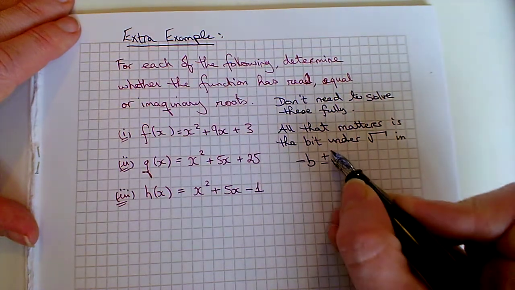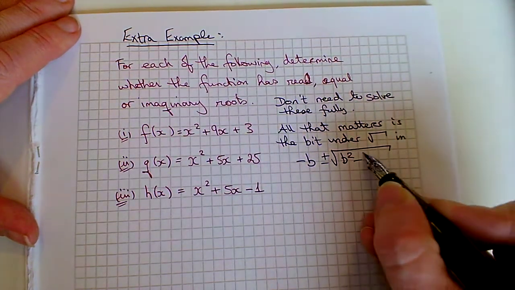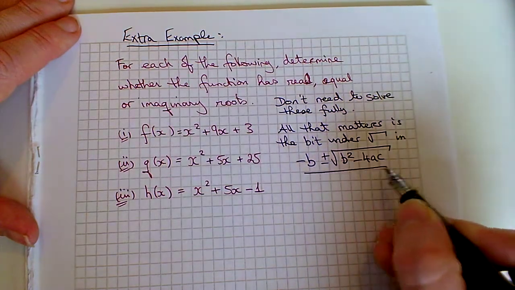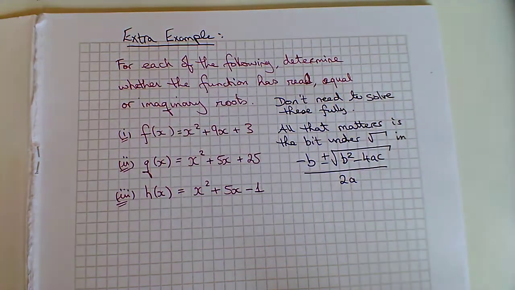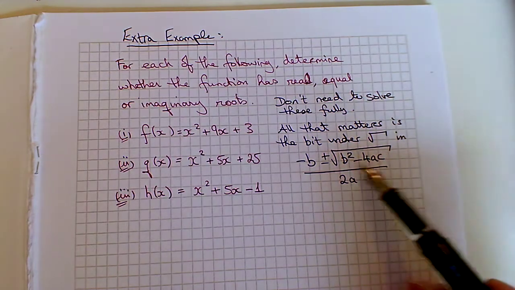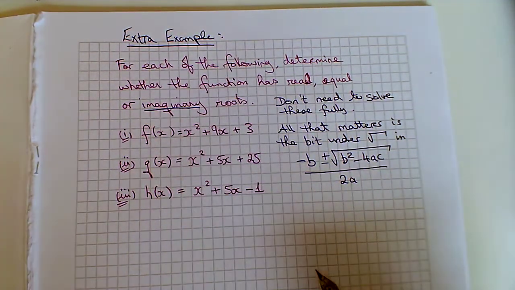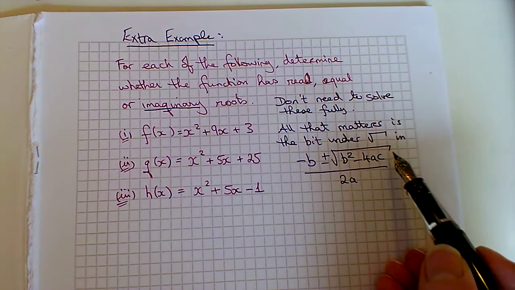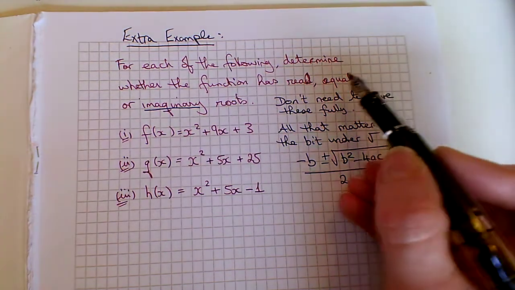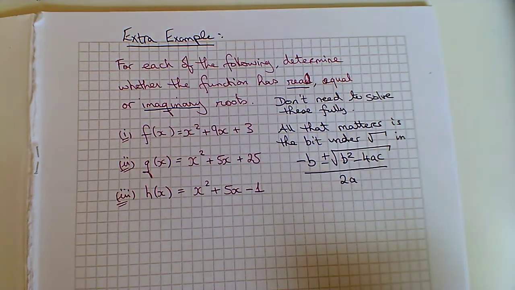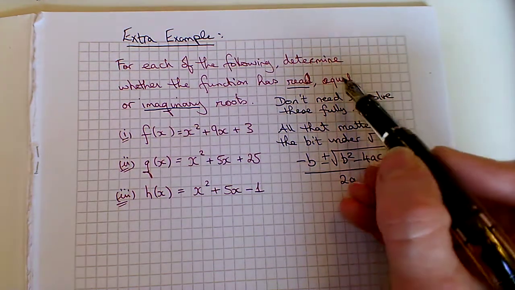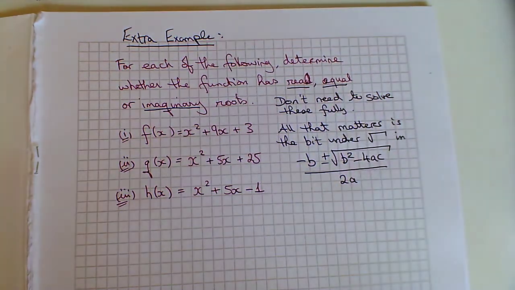Minus b plus or minus the square root of b squared minus 4ac all over 2a. Basically, if this is negative, we're going to have imaginary roots. If this is positive, we're going to have real distinct roots. And if this is equal to 0, we're going to have equal roots.